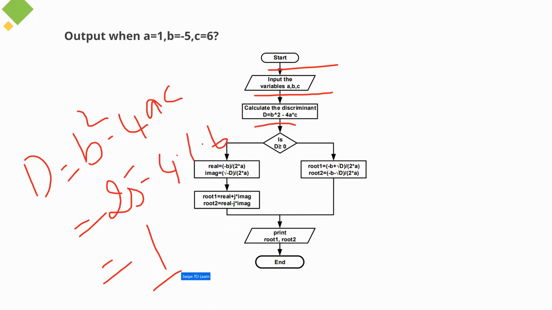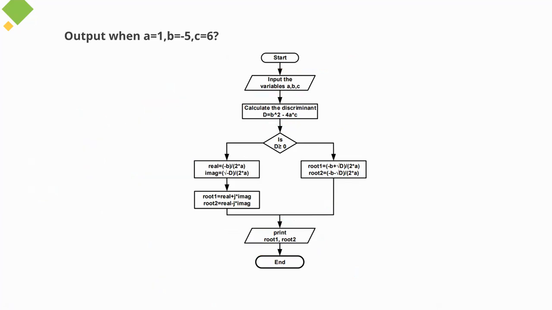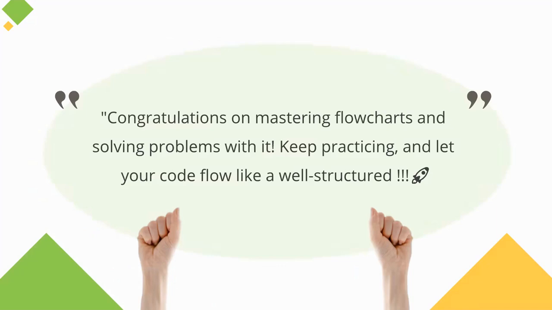Is the discriminant greater than or equal to 0? It is yes. Then we go with the yes branch, find the roots and then print them. I'm just here to tell you how to follow the flow, not to find real values. Congratulations on mastering flowcharts, and keep solving problems.